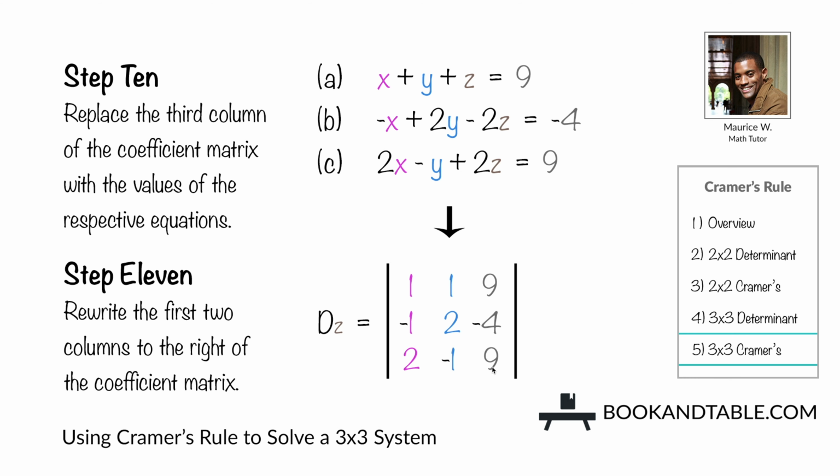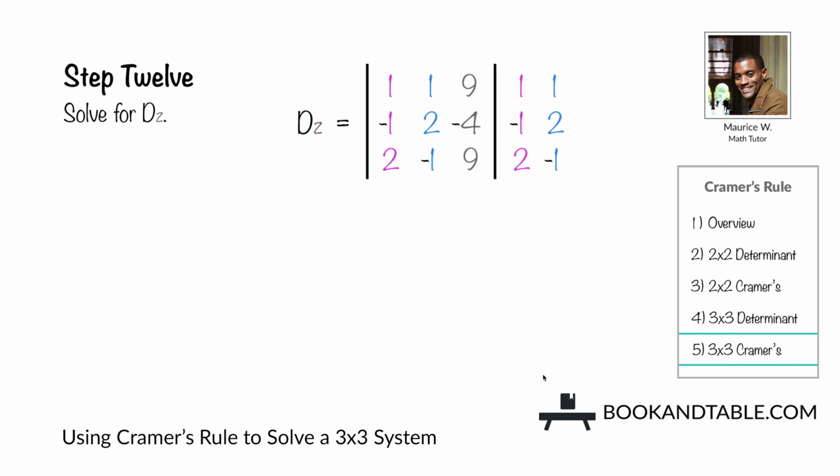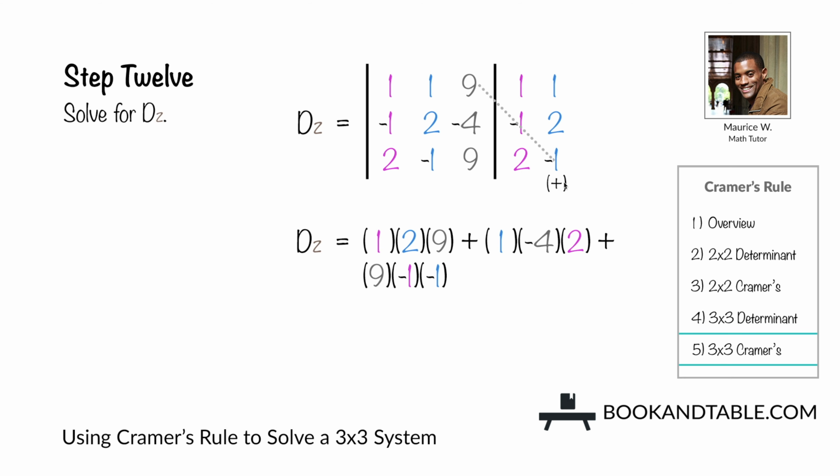And step 11, rewrite the first two columns to the right of the coefficient matrix. And once this is complete, we are ready to solve for dz. So we get 1 times 2 times 9 plus 1 times -4 times 2 plus 9 times -1 times -1.